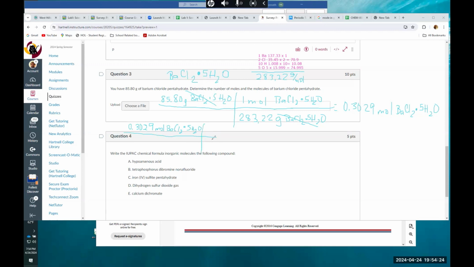I'm going to put Avogadro's number on top, 6.022 times 10 to the 23rd molecules, and then our 1 mole on the bottom.